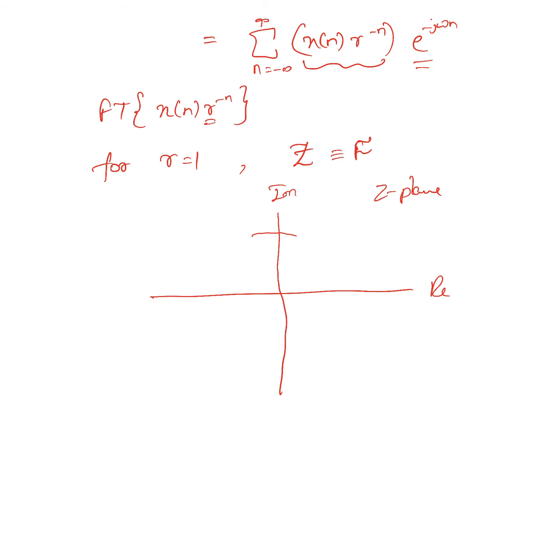If we denote a unit circle, meaning the circle of radius 1, and this is the omega, any point on this circle we denote as z is equal to e to the power j omega, because you have r equal to 1. And omega denotes the rotation of that point of the complex variable onto the z plane.